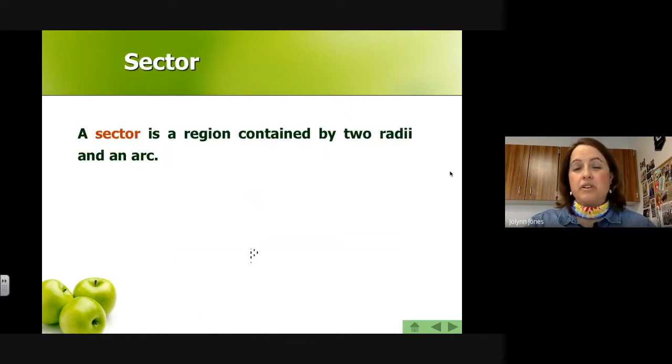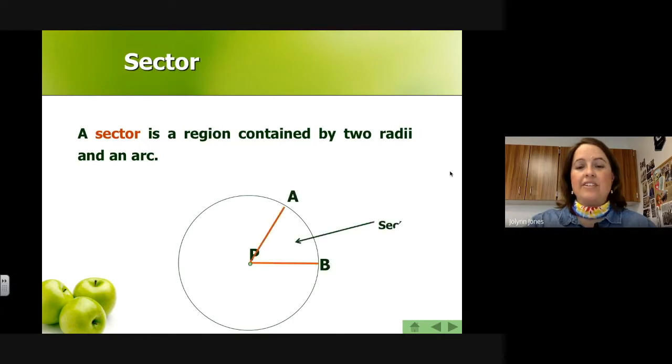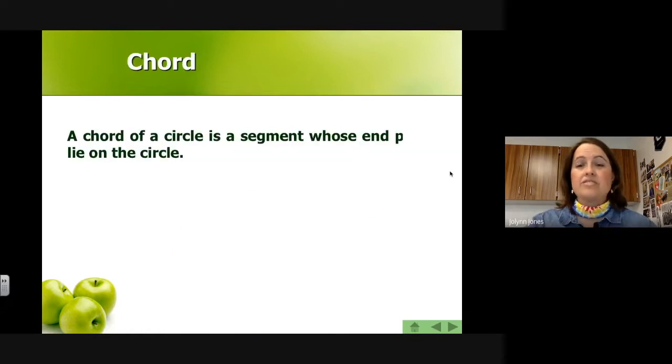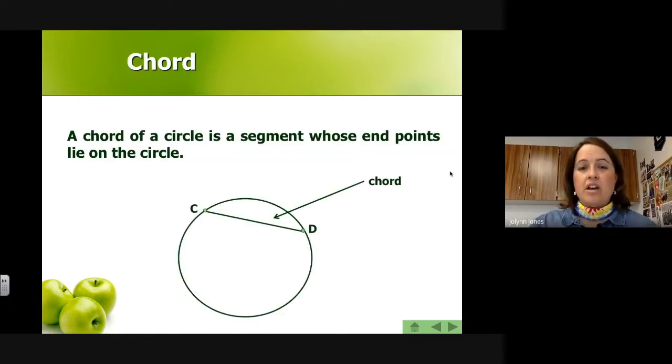Now a sector, we've already talked about as well. A sector is the area inside, like a pizza slice, the area that's cut out by those two radii. Now this is a new one, a chord. A chord is any segment whose endpoints lie on the circle.